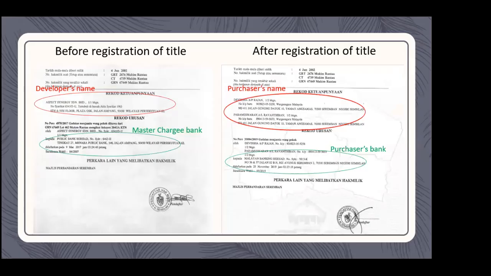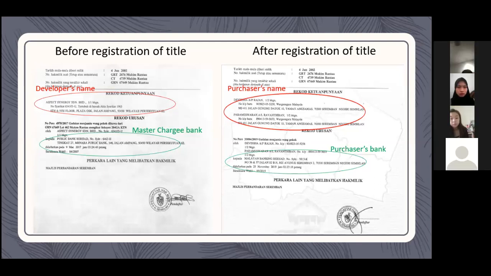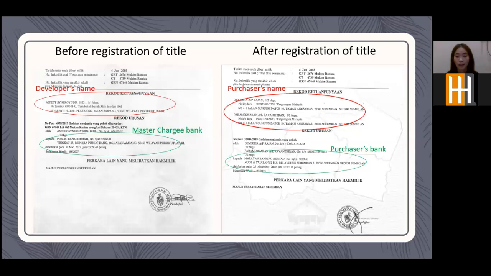So next, you can see that before the registration of title, the title is registered under the developer's name as PET Synergy. And after registration, it will be registered under the purchaser's name.